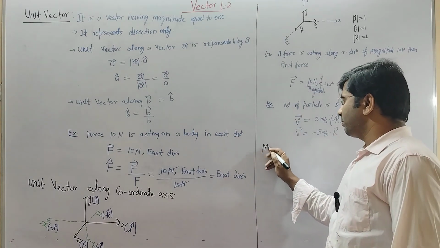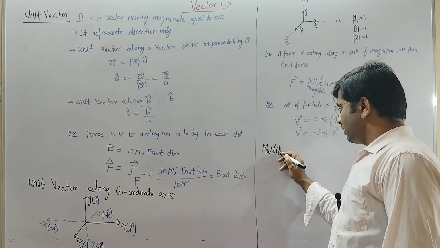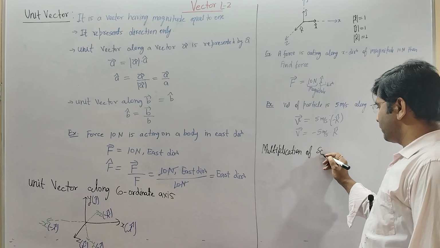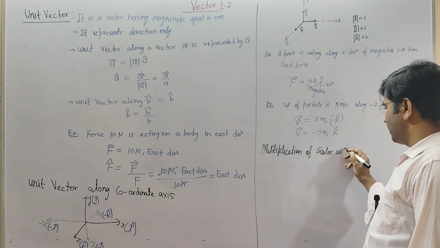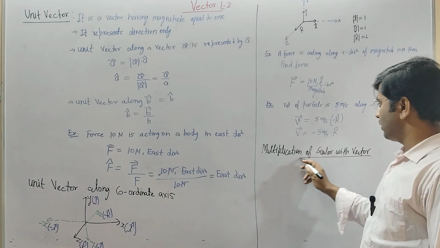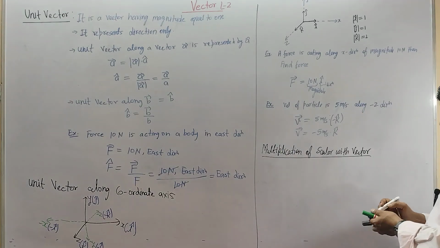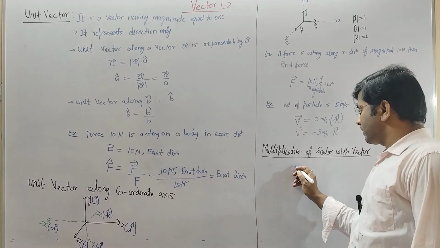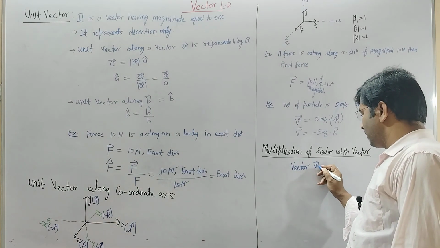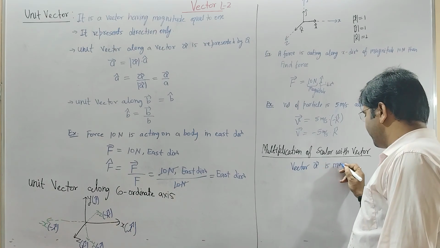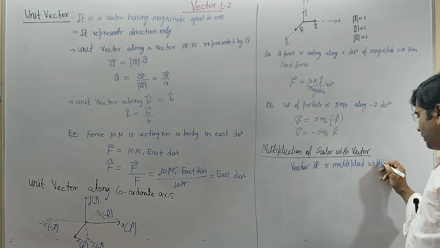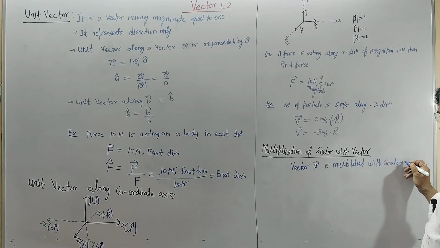So this is a short topic, multiplication of scalar with vector. Okay, multiplication of scalar with vector. Okay, so let's take a is a vector, vector a is multiplied with scalar lambda.